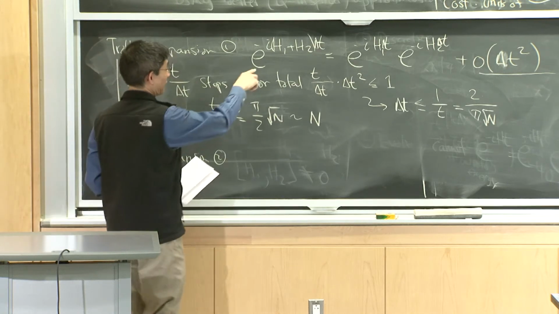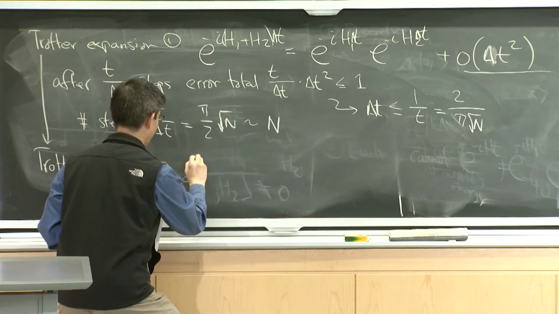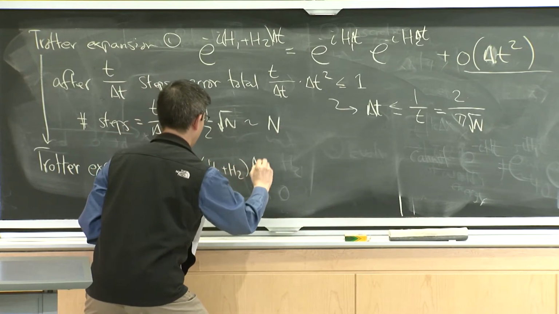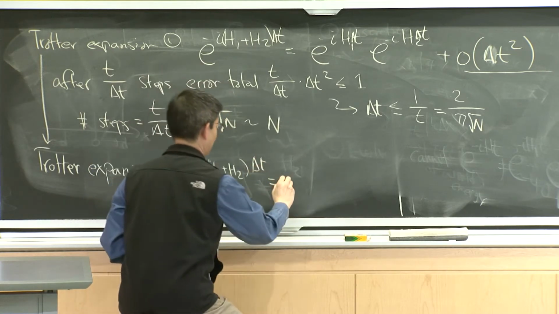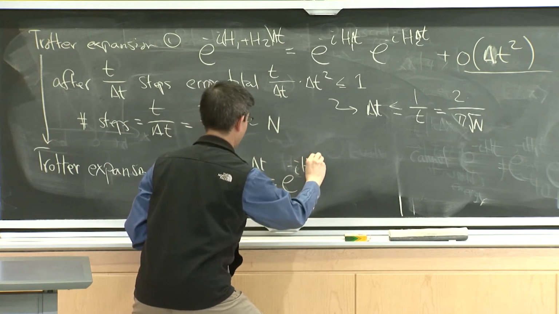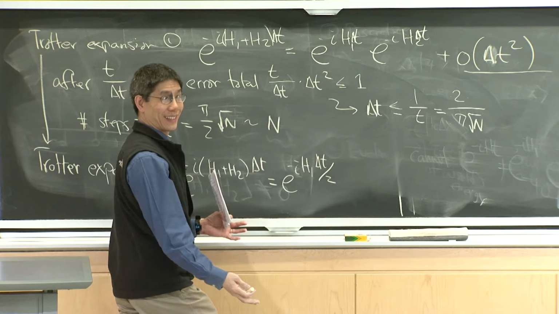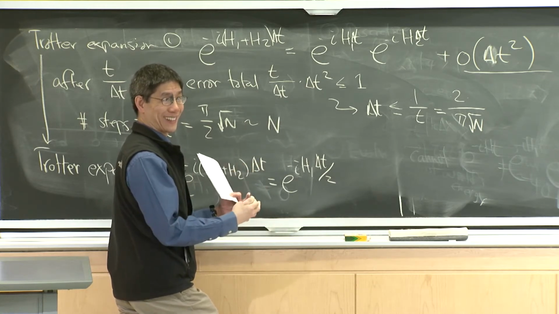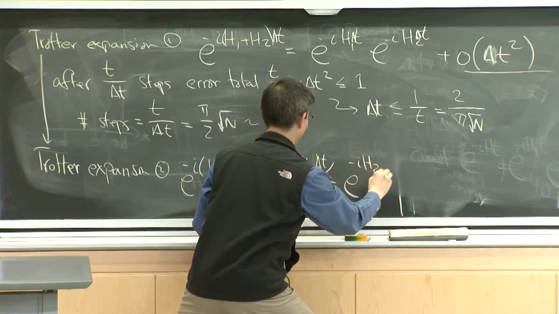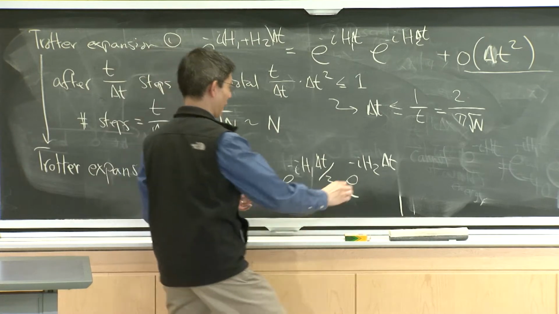It turns out that this is not the only way to approximate. You can do e to the i (h1 plus h2) delta t is equal to e to the minus i h1 delta t divided by 2. This is a little weird. I do half of the first Hamiltonian, and then I do the full h2, and then I do the other half.